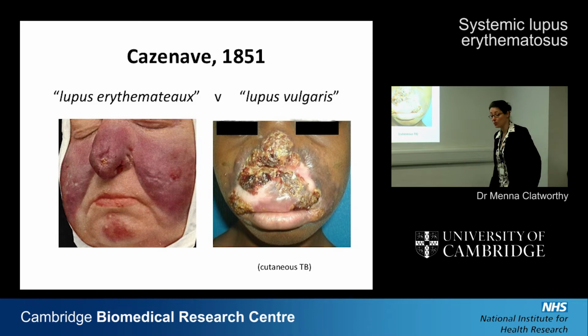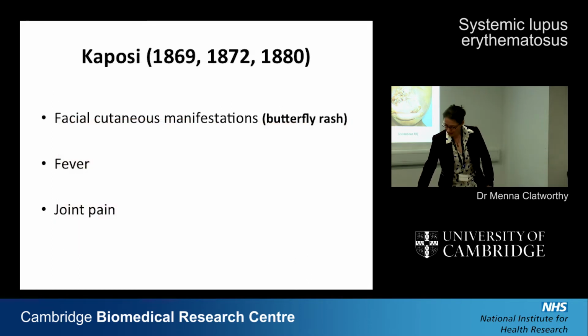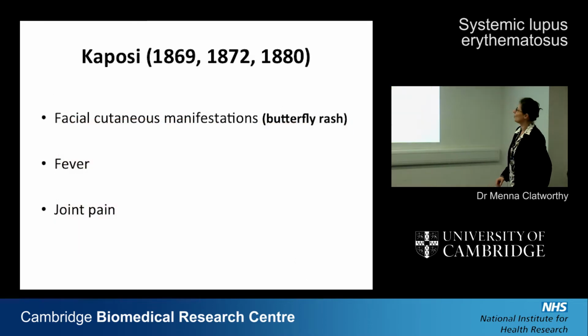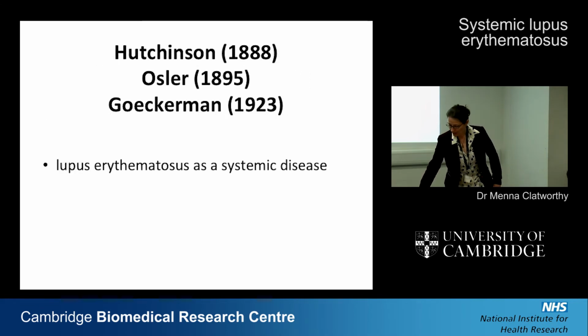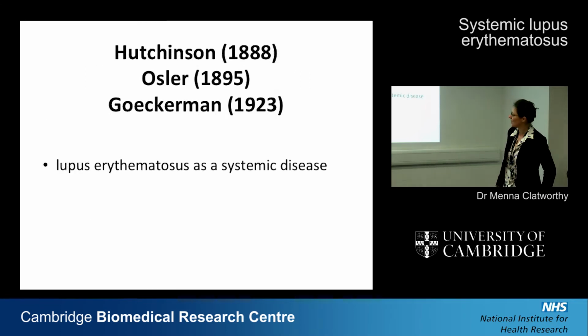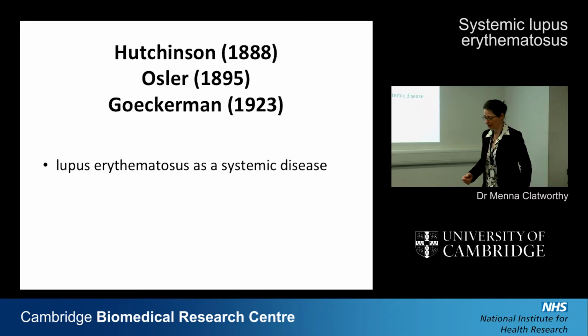And what he called lupus erythematosus. Then Kaposi later on appreciated that this wasn't just about rashes, that patients had more than that. They had fever and joint pain. And then finally, a couple of clinicians realised that this really was a multi-system disease, particularly that there could be kidney involvement, which was significant.